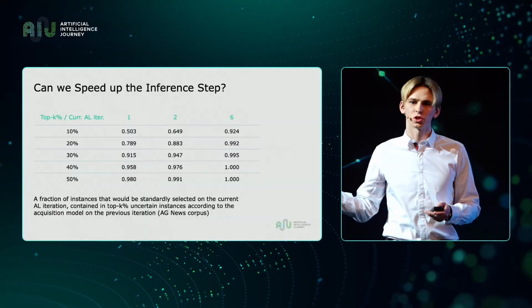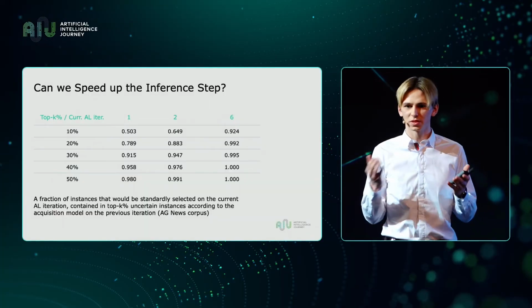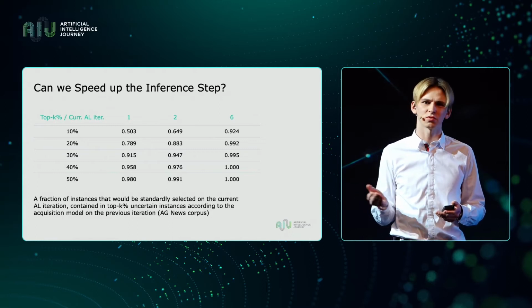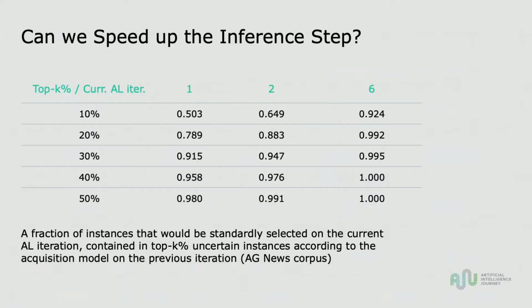To solve this problem, we decided to look at how uncertainty assessments are connected among the models trained using different iterations. You can see different columns, the number of the current iteration, 1 to 6, and in lines we see the share of examples where the model trained on the current iteration is less certain.